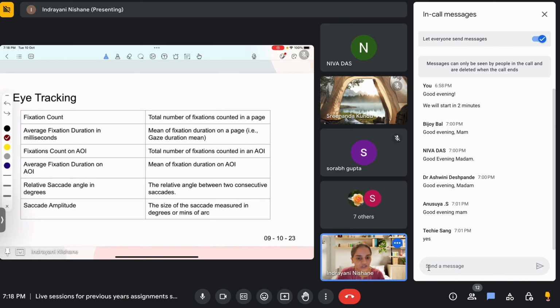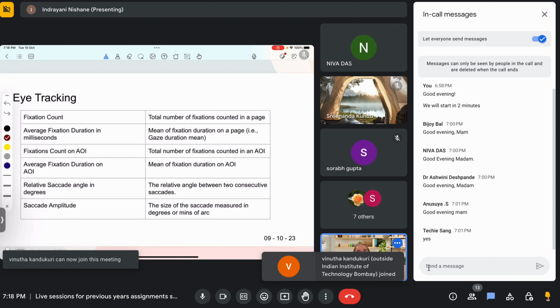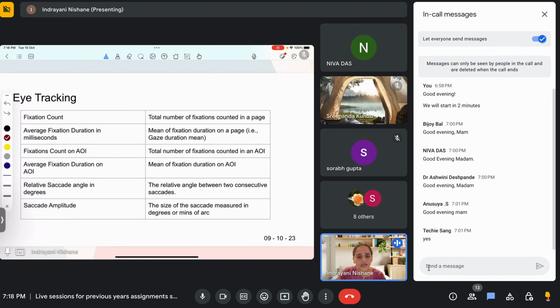And macro features are when you consider the averaged out value. When I raise my eyebrow, the pixel value will change, or if I look like this, the pixel value will change. So the average pixel value will also change.